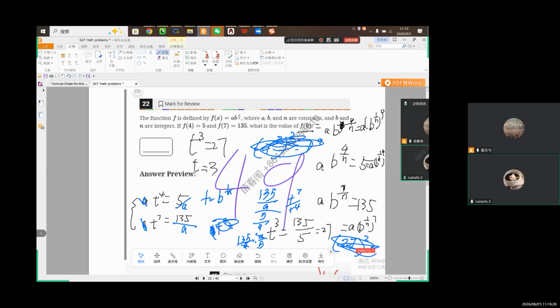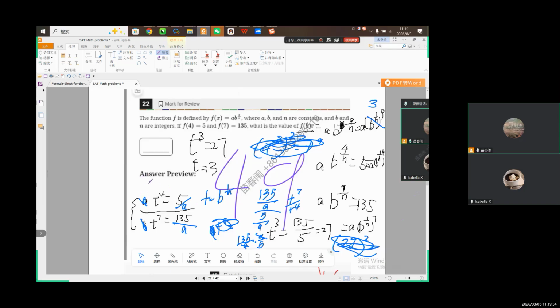Sorry. Yeah, it's fine. Okay, so T equals 3, so then let's put it back in the equation. 3 to the ninth power, right? But we still don't know what A is. It's okay, we can find A, right? There's still a system of equations.